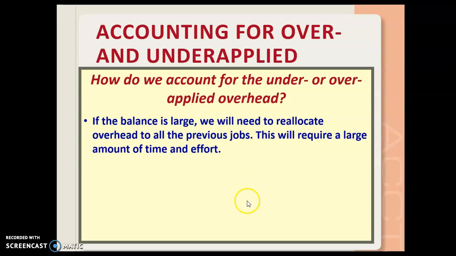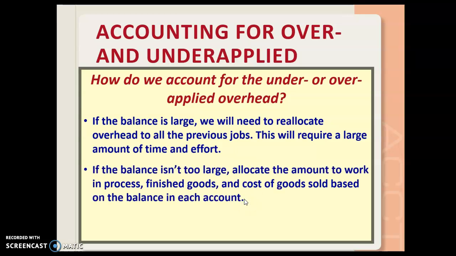This is going to require a large amount of time and effort. Okay, but if it's kind of medium, we can allocate the amount to whatever's in work in process and finished goods and cost of goods sold right now. Okay, based on the balance in each of these three accounts.